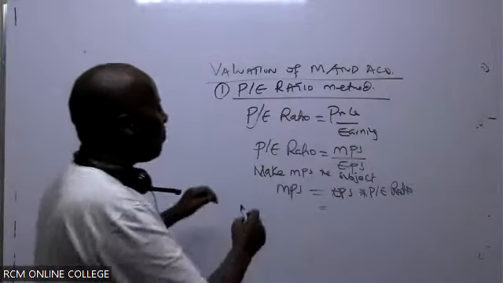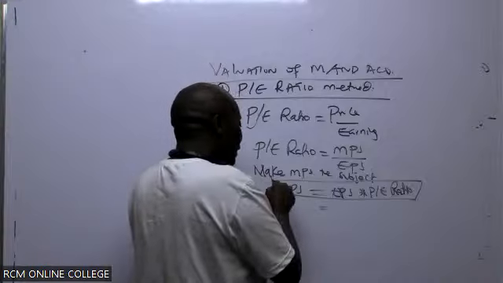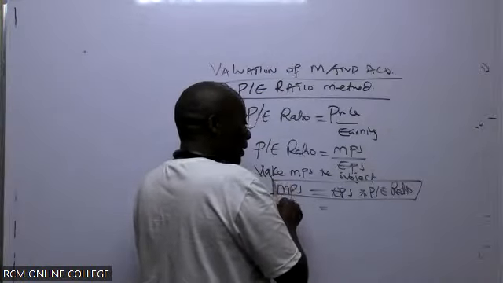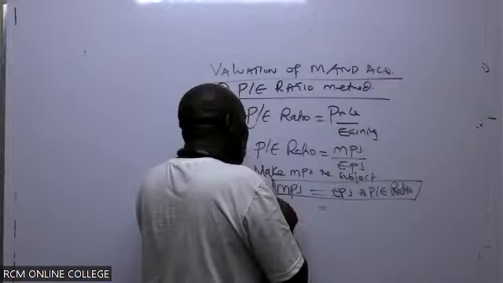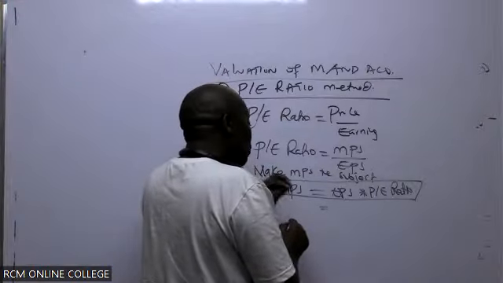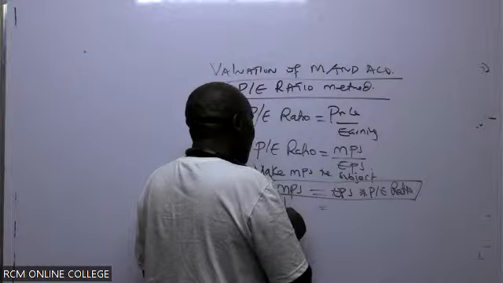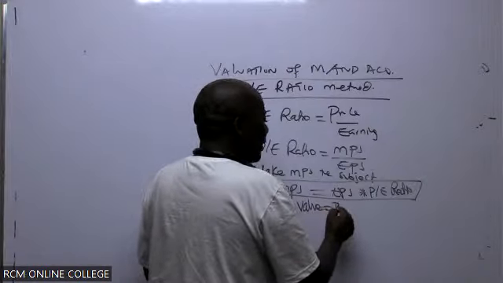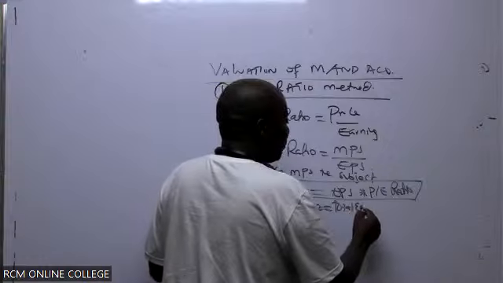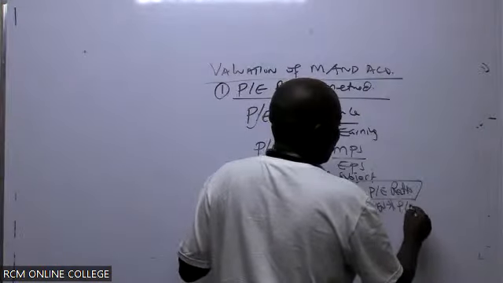This is so important to us. Please highlight this in yellow. MPS is the market value per just one share. We want the market value of the whole firm. So whenever you want the total firm value, you take total earnings times PE ratio.